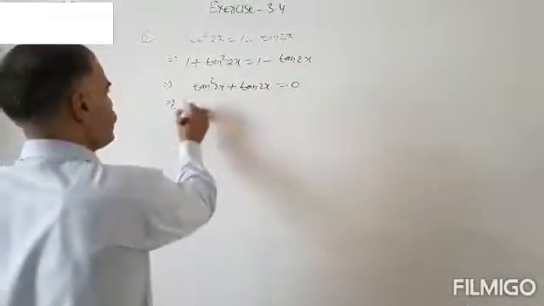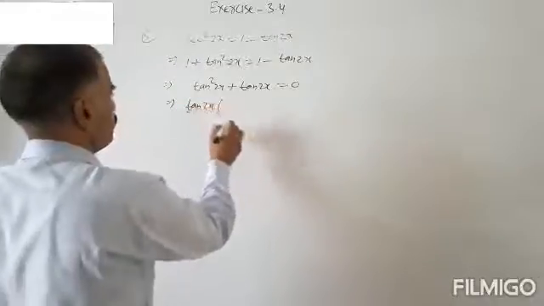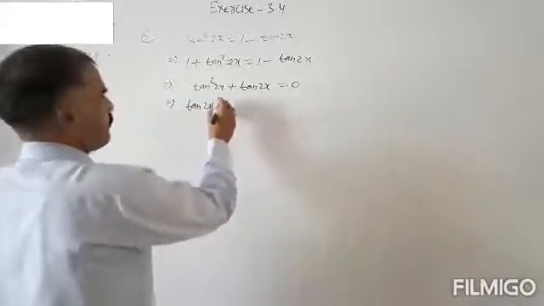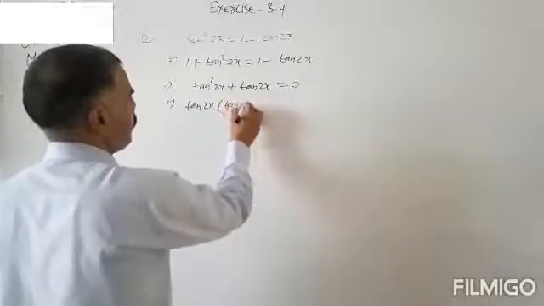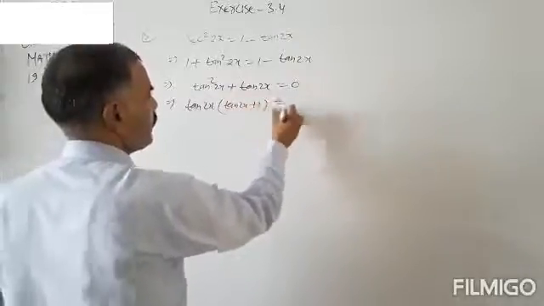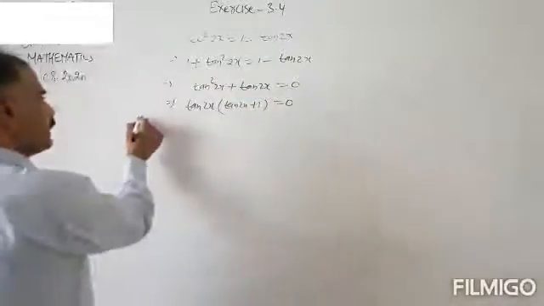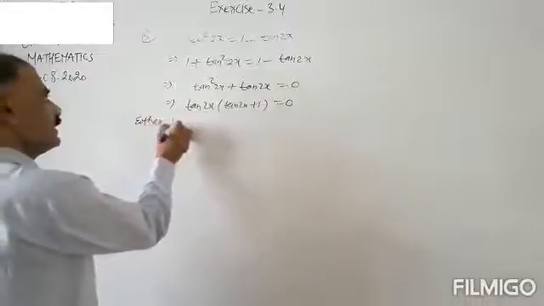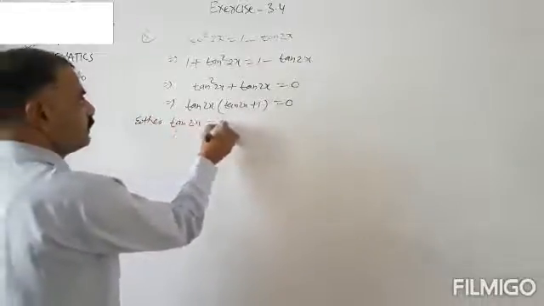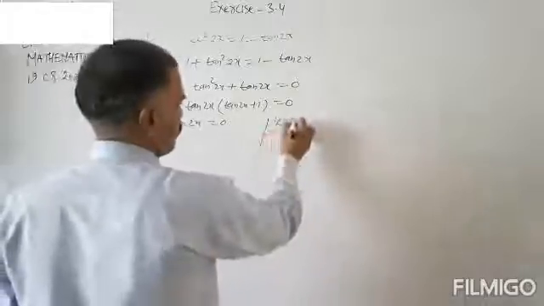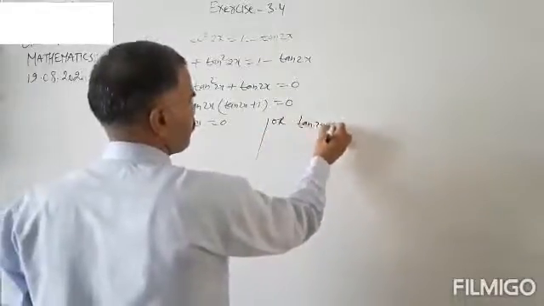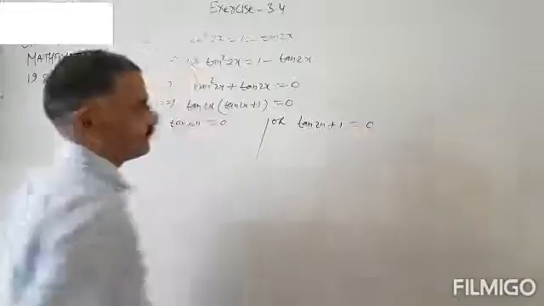Now taking tan 2x as common, the remaining term is tan 2x plus 1. So either tan 2x equals 0 or tan 2x plus 1 equals 0.